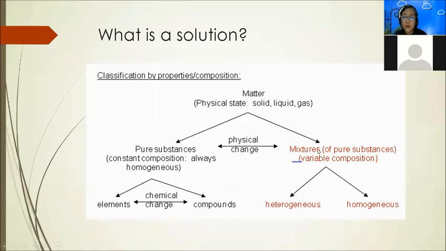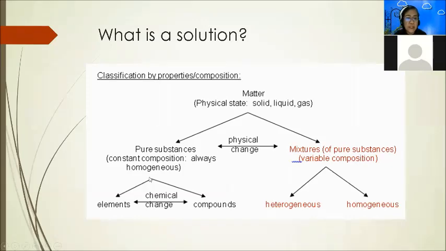What differs mixtures from pure substances is that mixtures do not have distinct properties, just like pure substances. Why don't mixtures have distinct properties? Because the composition is variable, not fixed. Sometimes there's more of this substance or less of this substance or the other way around.